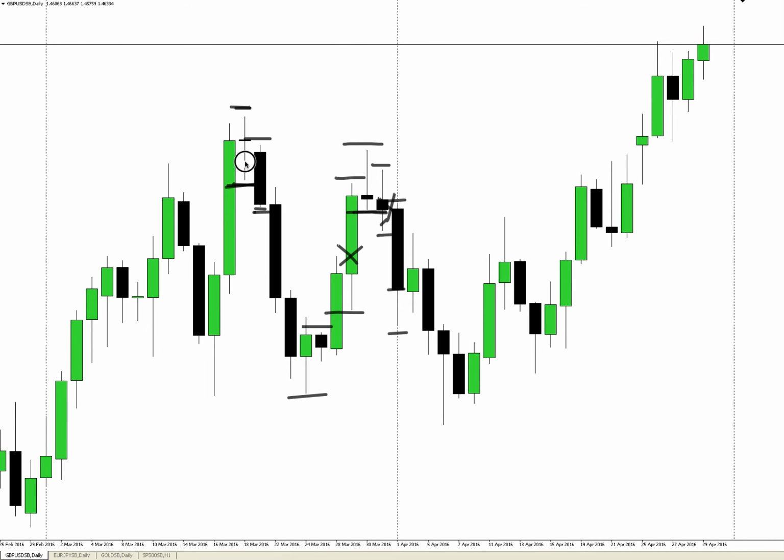And maybe in this case the first short got stopped out and they won on the second short. Obviously they're aiming to take shorter profits, but sometimes get this kind of double win scenario here. Okay, so I hope that helps.